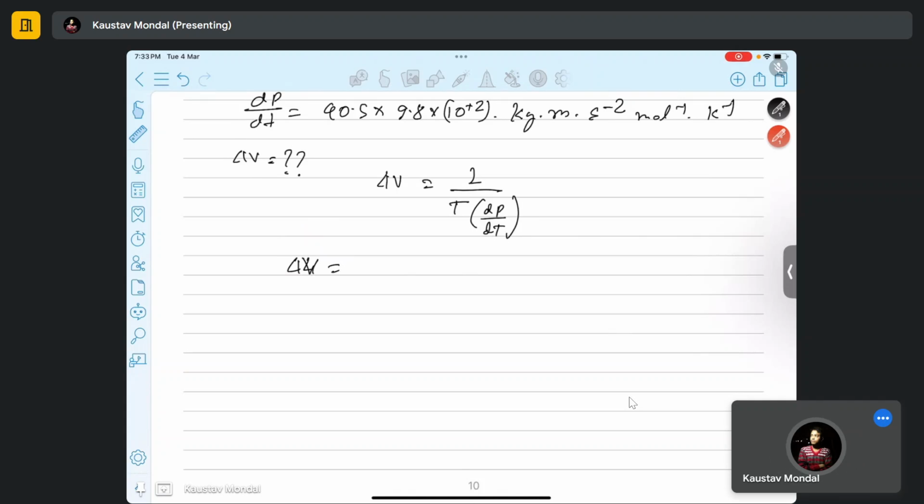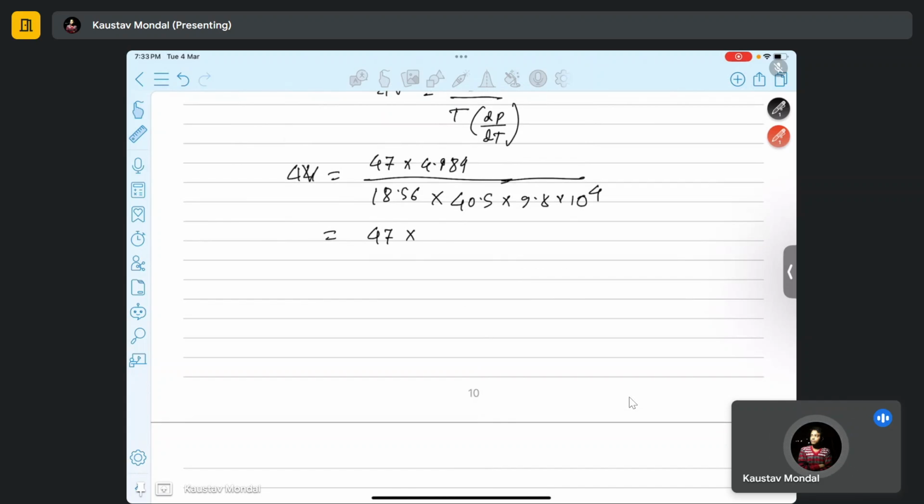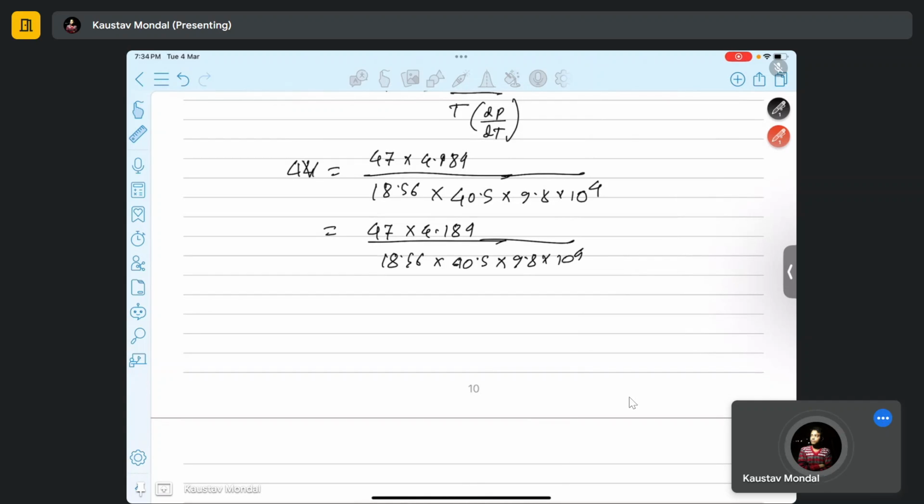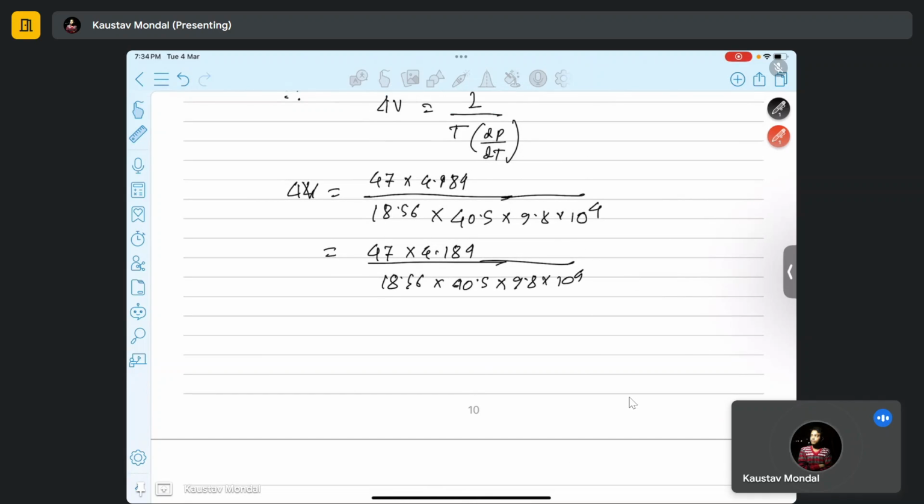So for delta V we can use L is 47 into 4.184 by 18.56 into 40.5 into 9.8 into 10 to the power 4. Okay, so all the units are cut out.